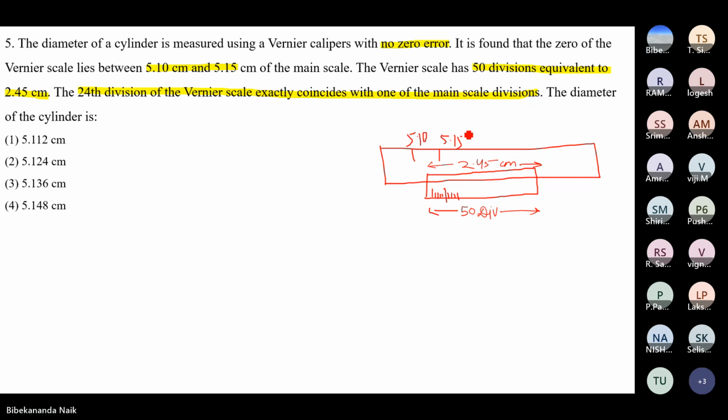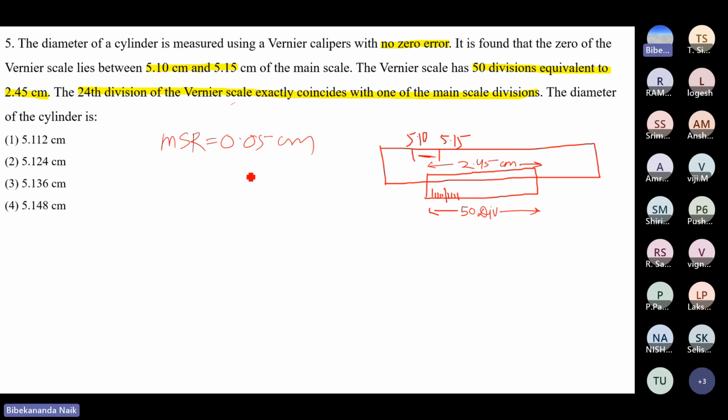For the main scale, there are no other divisions between 5.10 and 5.15. So the main scale reading in this case becomes 0.05 centimeter.